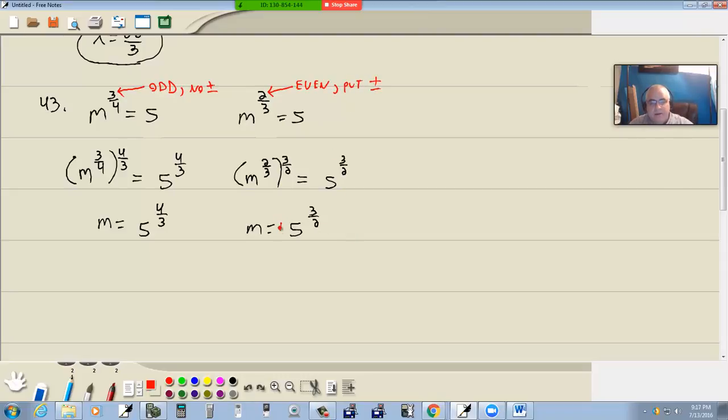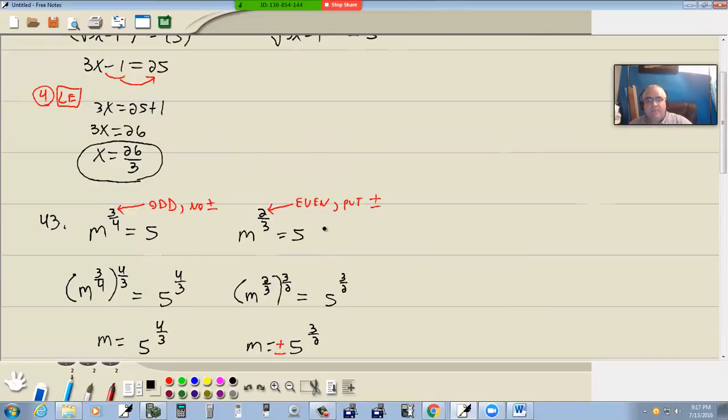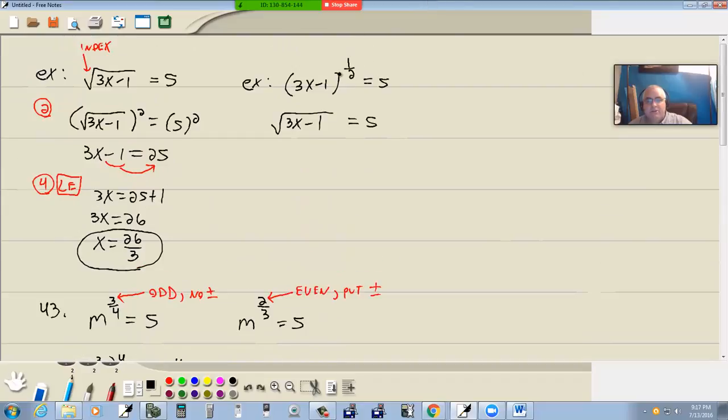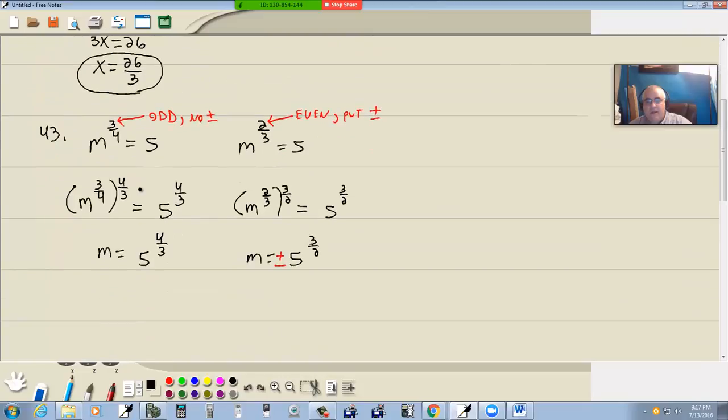So down here, this is not our answer. This is our answer. We have to put the plus or minus there. And so sometimes you can rewrite a fractional power, rational exponent in radical form and solve it just like we did before. Sometimes if you're working with this, you have to apply this technique on whether to put the plus or minus.